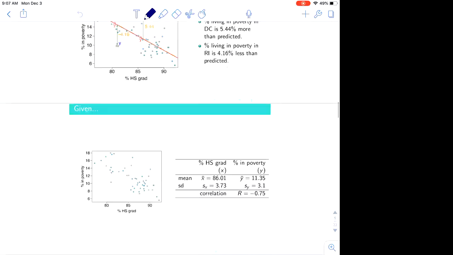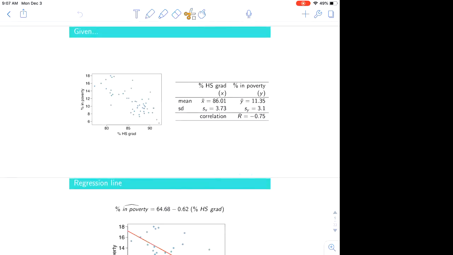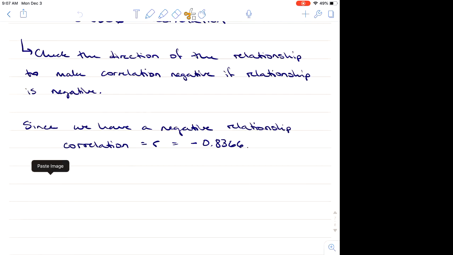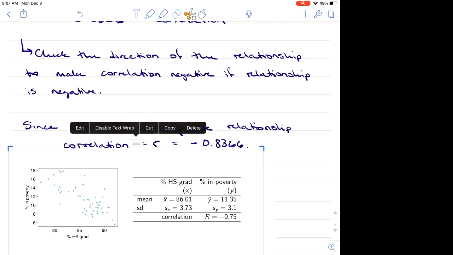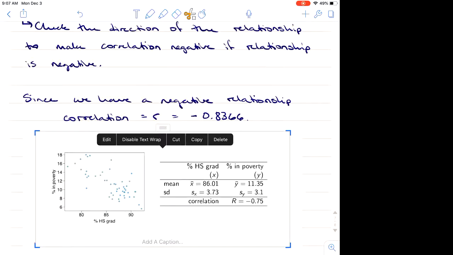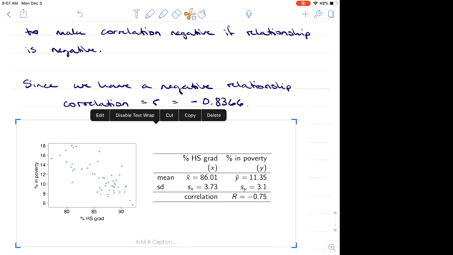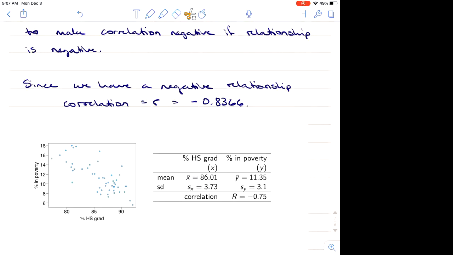Let's get these actual values. Or we're given the correlation like this.